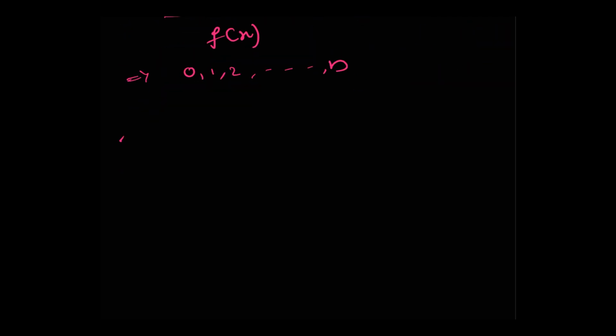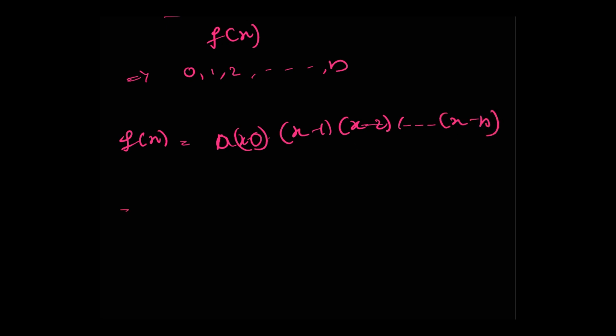Therefore, f of x can be written as a times x into x minus 1 into and so on x minus n. That means P of x into x plus 1 minus x equals a times x into x minus 1 into and so on x minus n.